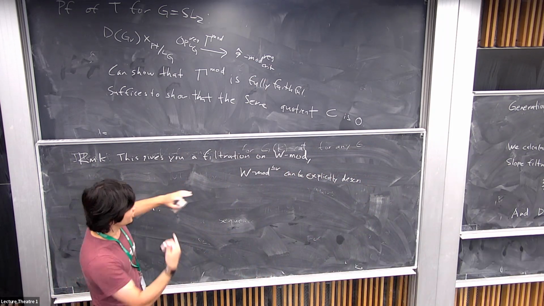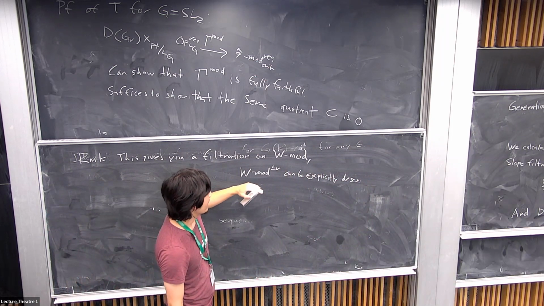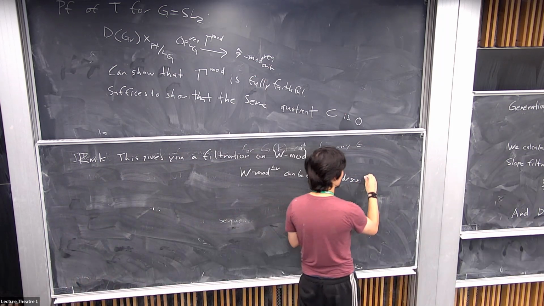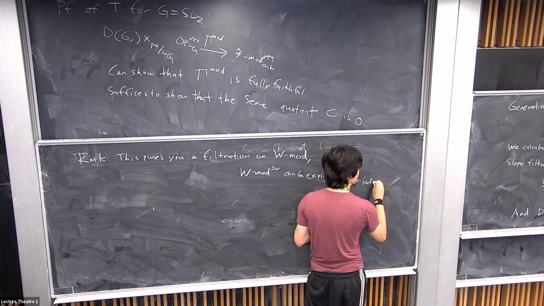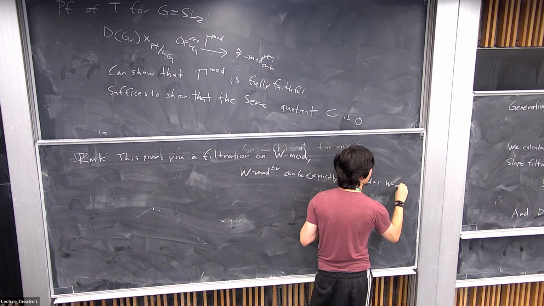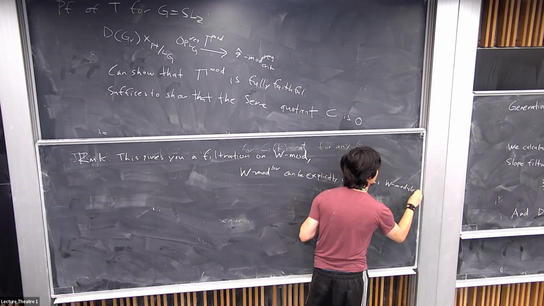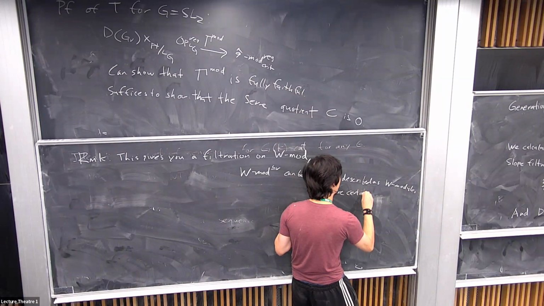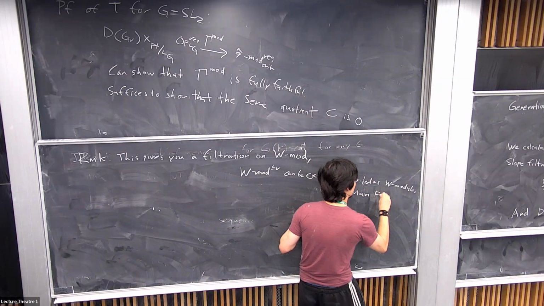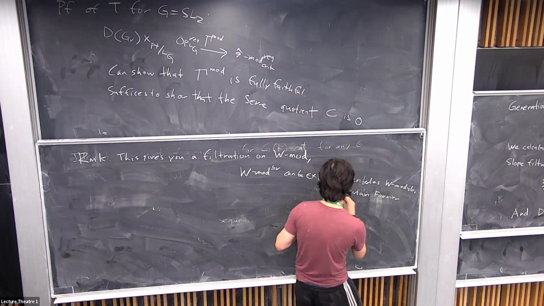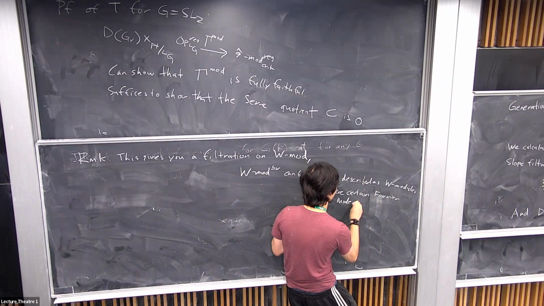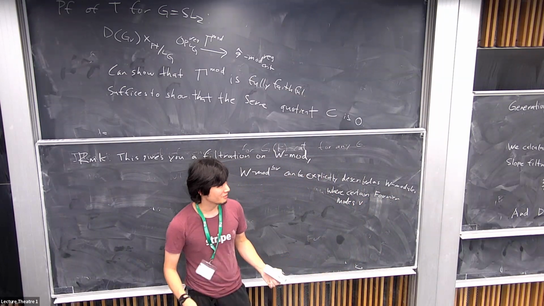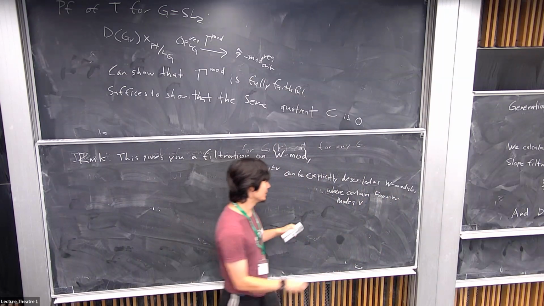This gives you a filtration on W mod, and W mod less than or equal to R can be explicitly described as W modules where certain Fourier modes vanish. If you want to know which specific ones, they're in a paper of Gerbier with Sam.